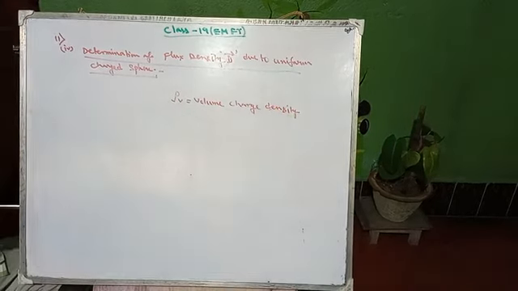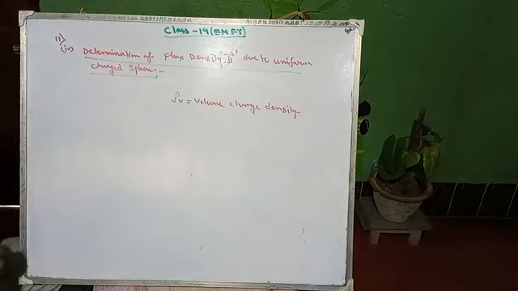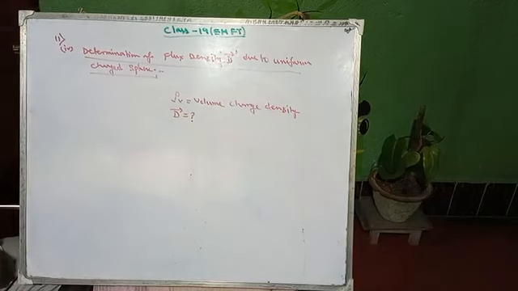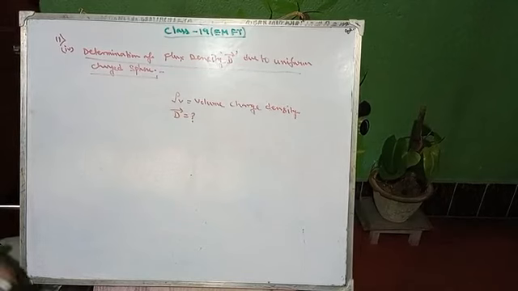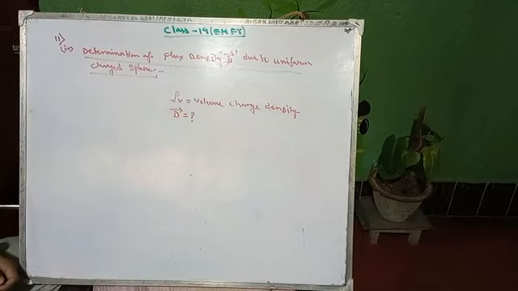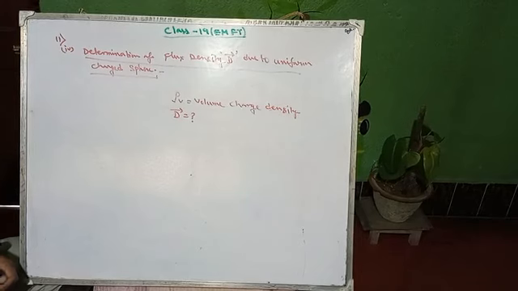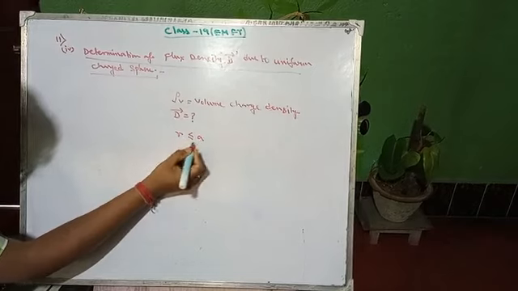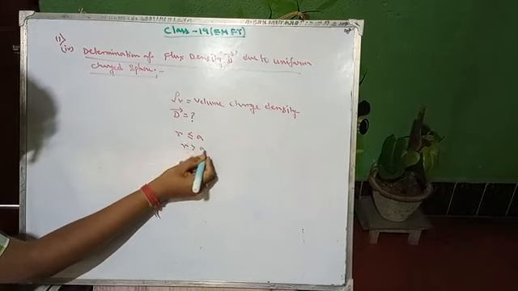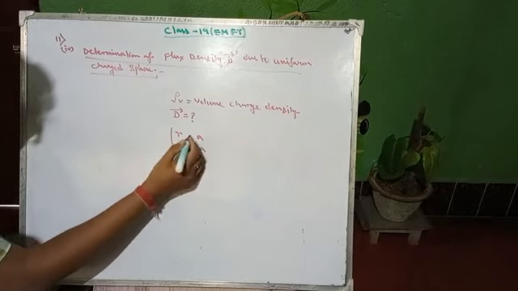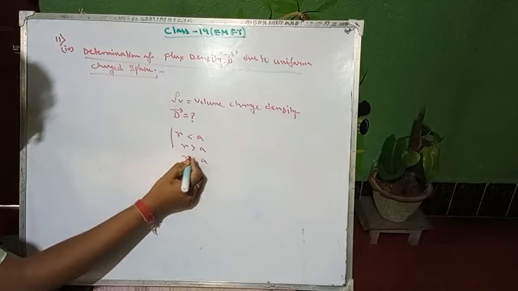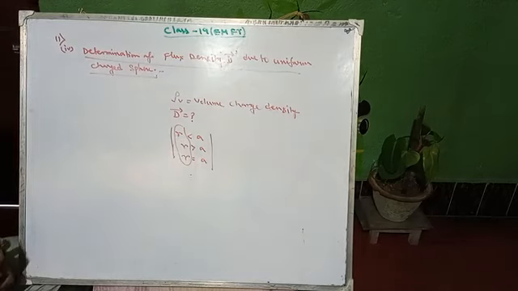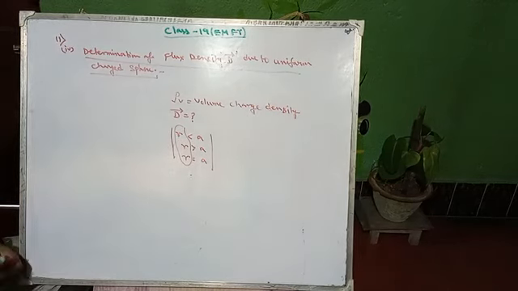Next, write to find D vector everywhere for a Gaussian surface, r less than or equal to a and r greater than a. These are the conditions: r less than a, r greater than a, r equals a. There are three conditions. So what does r mean? R means the radial distance, and a means the radius of the sphere.